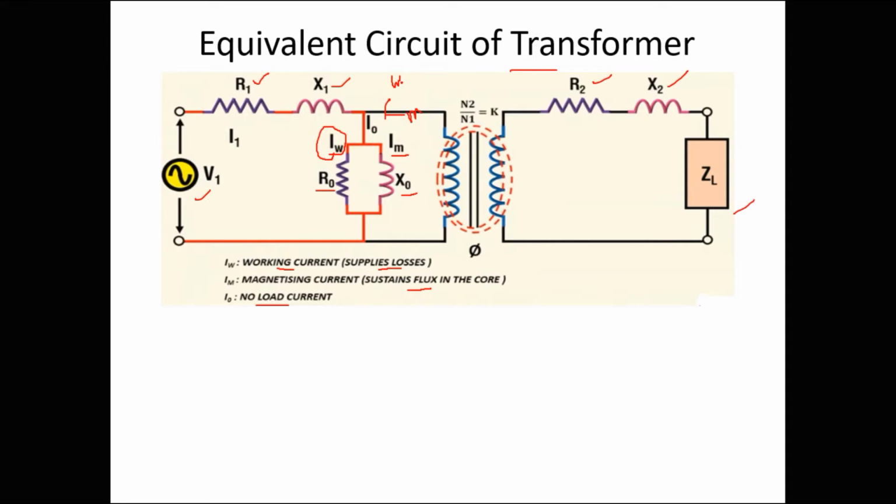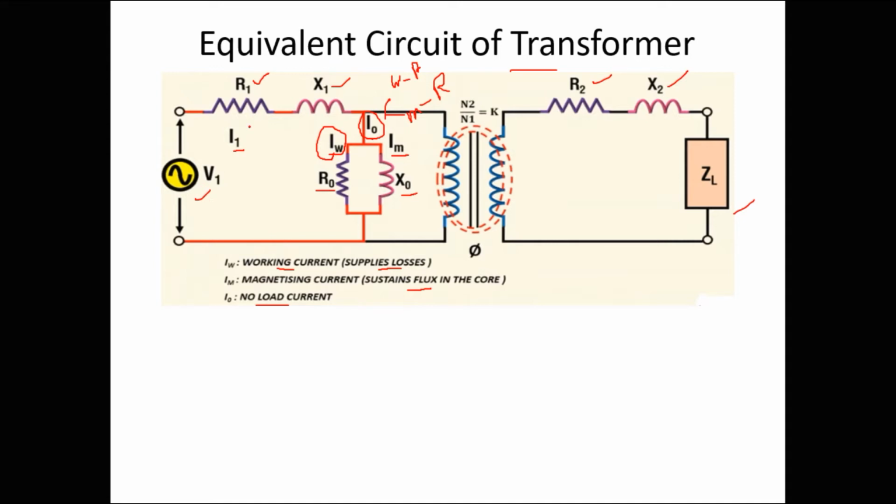We can call IW the active component and Im the reactive component. And I0 is a portion of I1. Only when there is a flow of current in the primary do we have a flow of I0 in the machine.